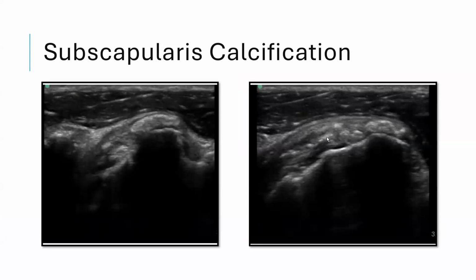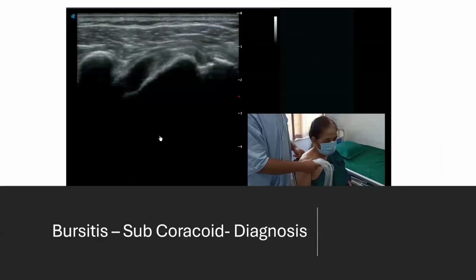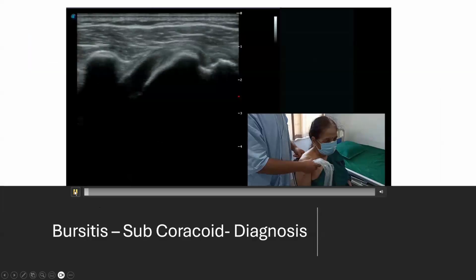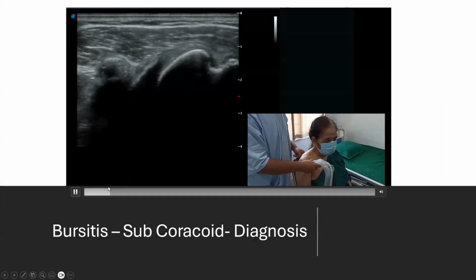So what grade of calcification is it? Usually it is grade 2 calcification because the classic acoustic shadow underneath is not there, but the calcifications are dense and you can see the hyperechoic spots within this subscapularis muscle. So it's clearly subscapularis calcific tendinopathy. Here is a case of subcoracoid bursitis.